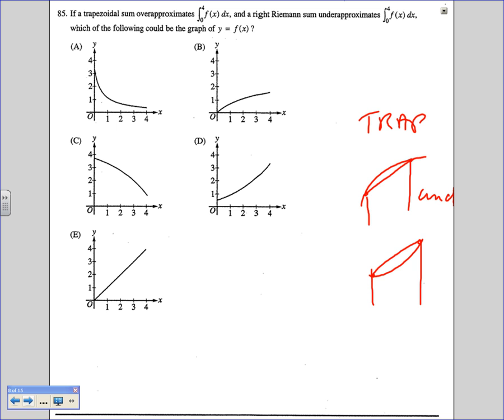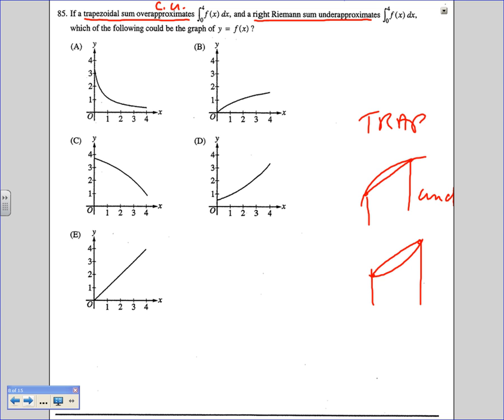So that first statement, when it says it over approximates, we know that it's concave up. And then it says a right Riemann sum under approximates.